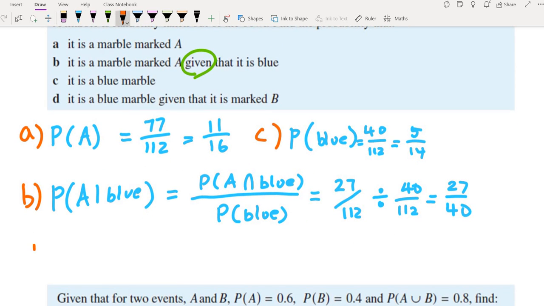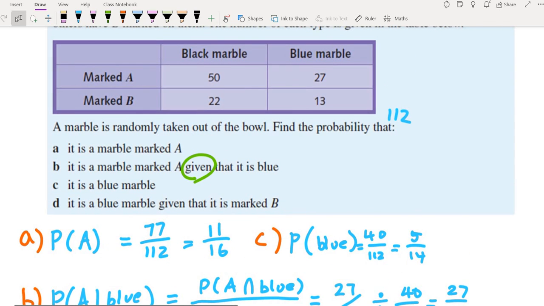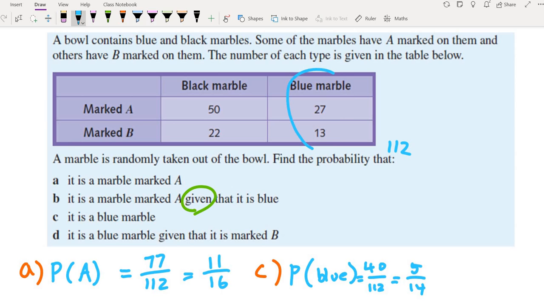Alright, last question, we'll fit it in here. It is the probability of blue given that it is marked B. So just set up the equation. You need the intersection of blue and B over the probability of B. So the intersection of blue and marked B, blue is here, marked B is here, the intersection is this 13 over here.